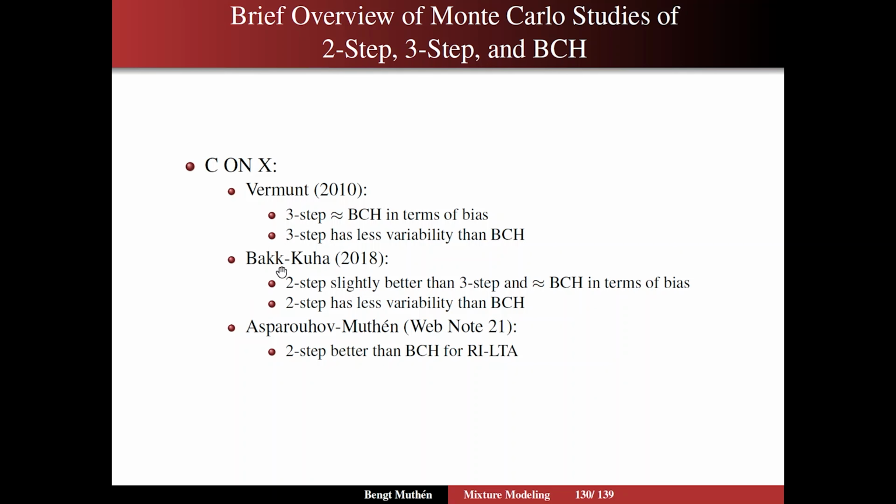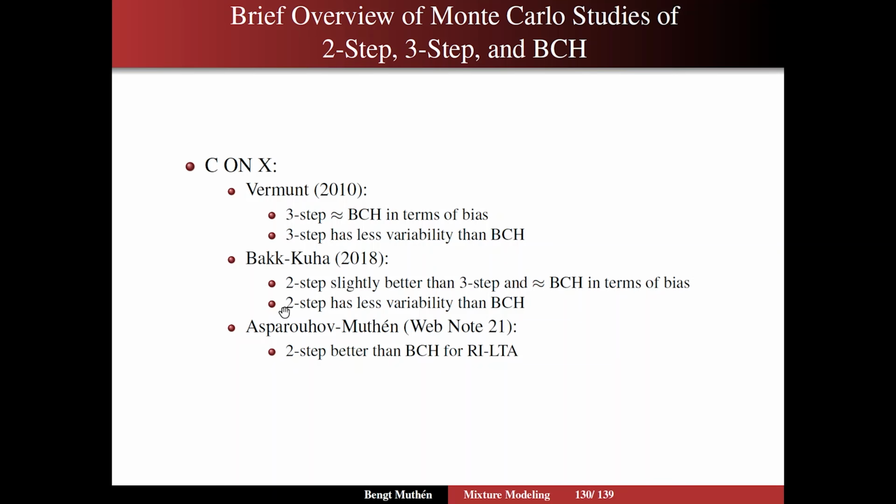Bakk and Kuha, in their 2018 article, show that two-step analysis can be slightly better than three-step and approximately equal to BCH in terms of bias. But two-step has less variability than BCH. So one could conclude from those two studies that maybe one should choose two-step for C on X.